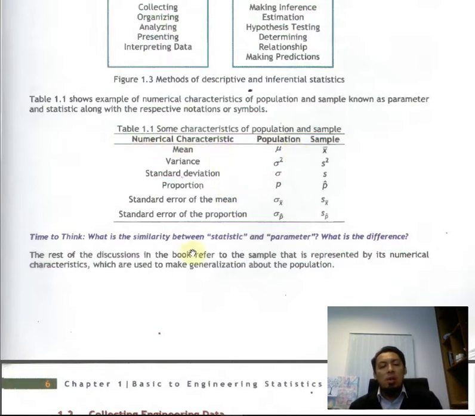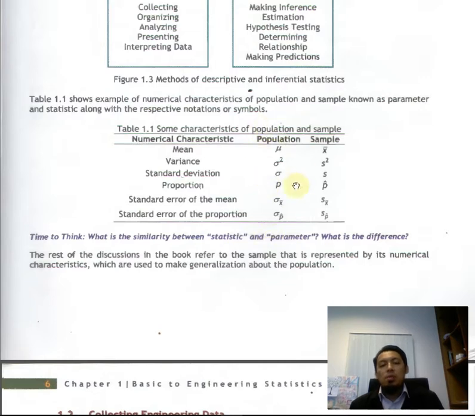This is the kind of simple calculation that can be made: mean, variance, deviation, proportion, standard errors, among the things that can be calculated. If you calculate it using population data or sample data, you will get the mean, the average, but notice that the notation is different.